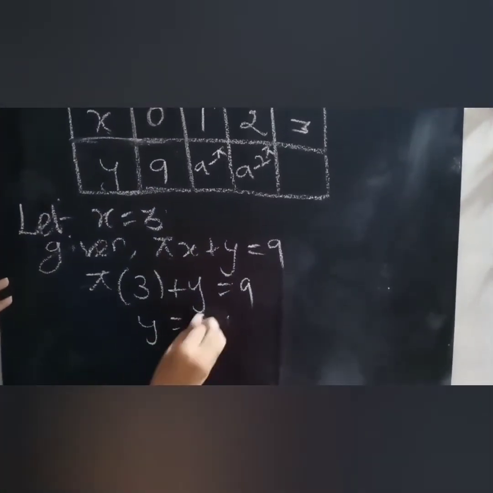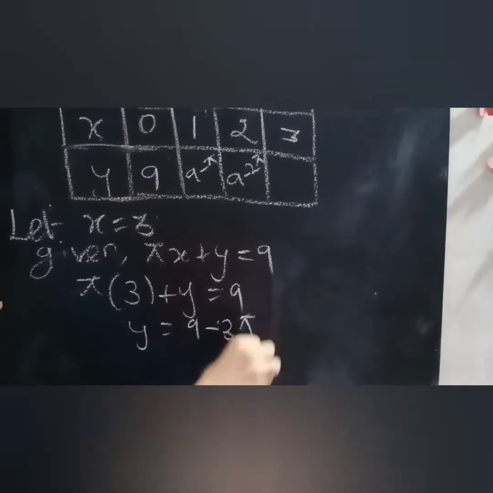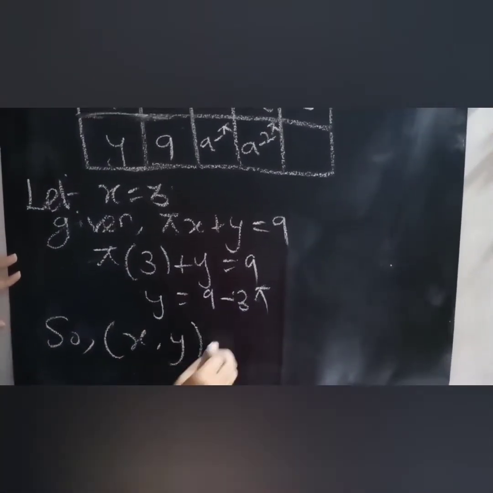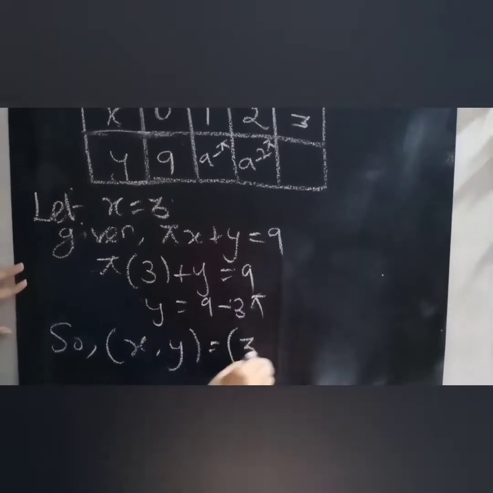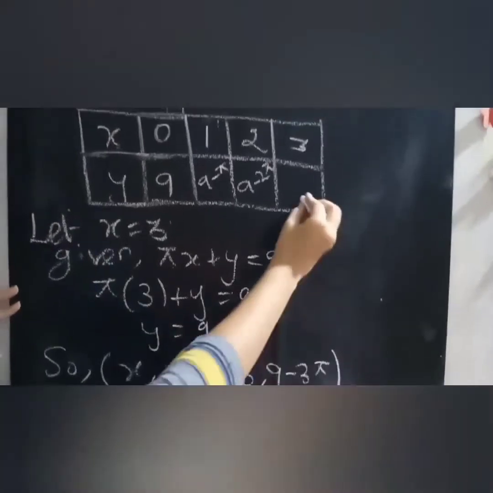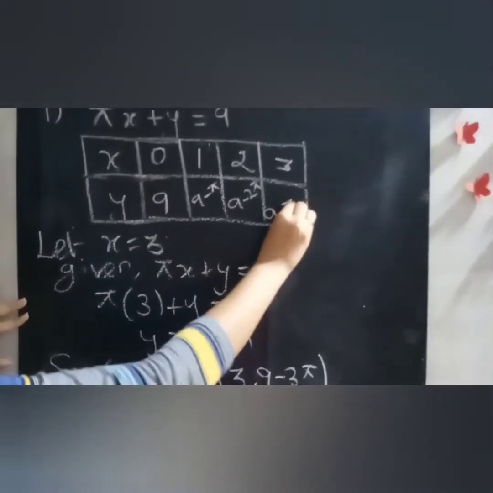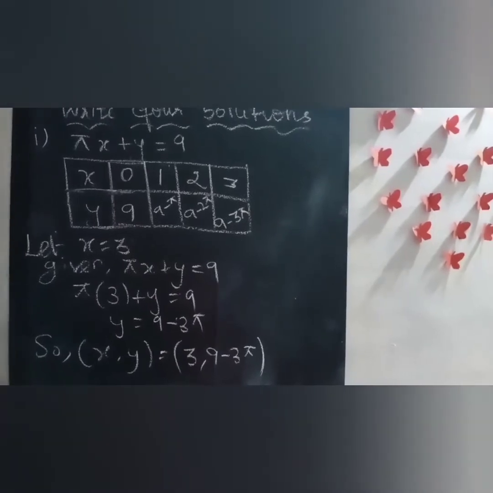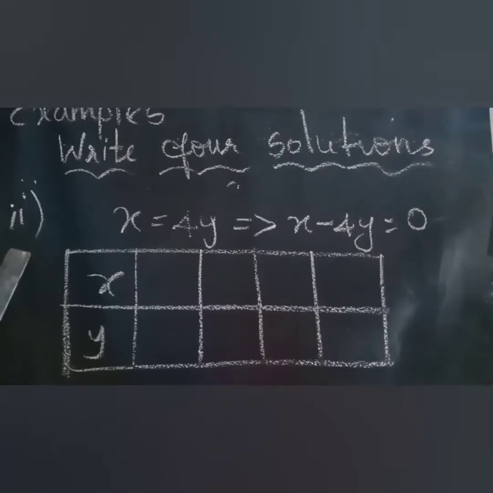Pi into 3, that is 3 pi, plus y equal to 9. So y equal to 9 minus 3 pi. So the point is 3 comma 9 minus 3 pi. This is our fourth solution. Let's see our next example.